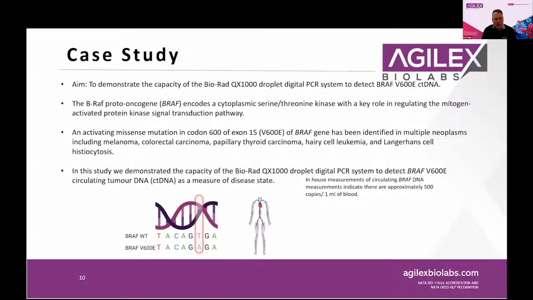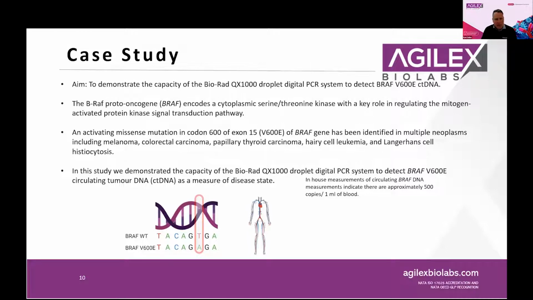And an activating missense mutation at codon 600 of exon 15, the V600E, has been identified within the B-Raf gene in multiple neoplasms, including melanoma, colorectal carcinoma, papillary carcinoma, and so on, as being crucial for the regulation of these diseases.